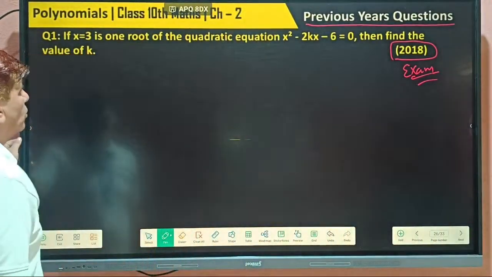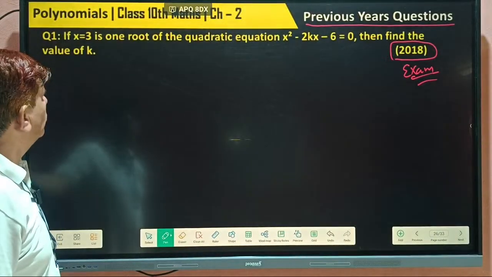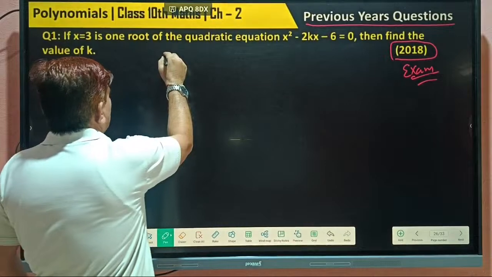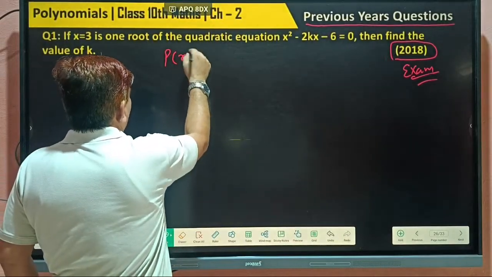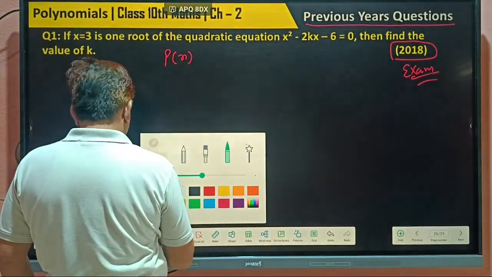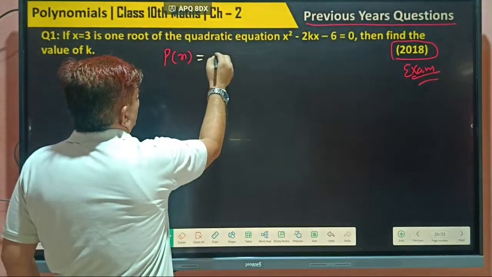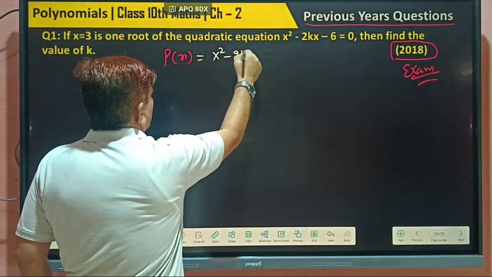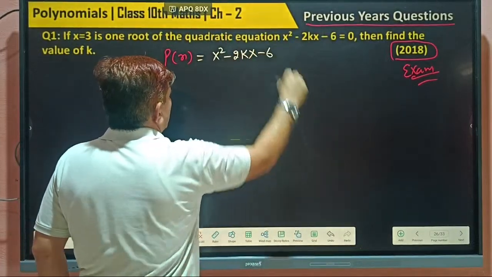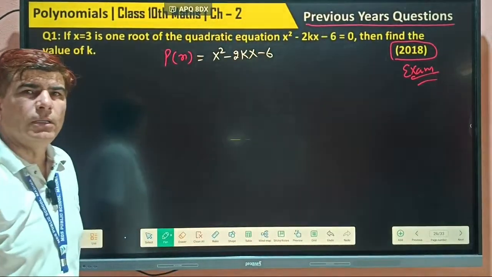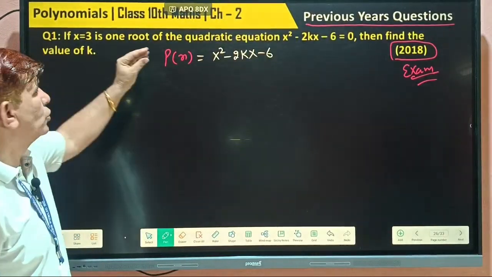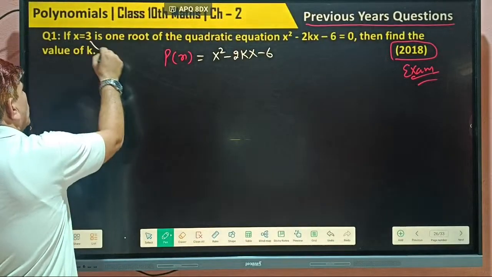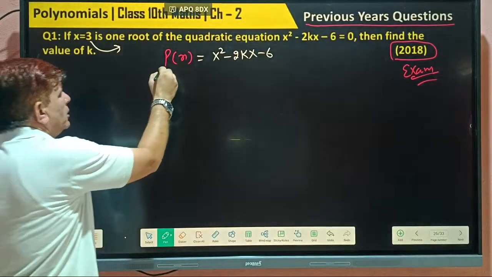If x equal to 3 is one root of the quadratic equation P(x) equals x square minus 2kx minus 6. This is given, and it says 3 is a root of it, or you can say x equal to 3 is a zero of it.